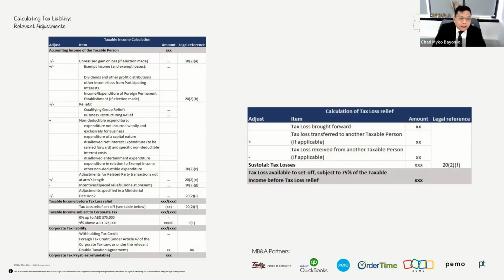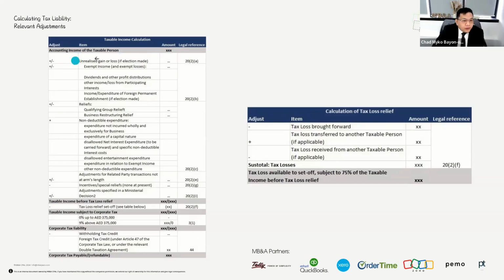Okay. So in calculating your tax liability, the first portion, again, there will be two steps only. We will be needing to establish or identify the accounting income. So if ever you are using accrual accounting, your accounting income will be shown here.